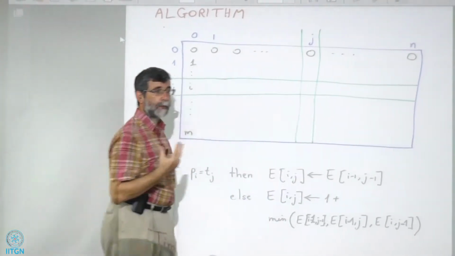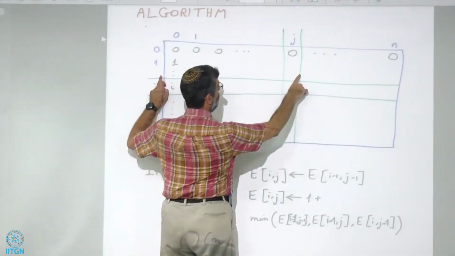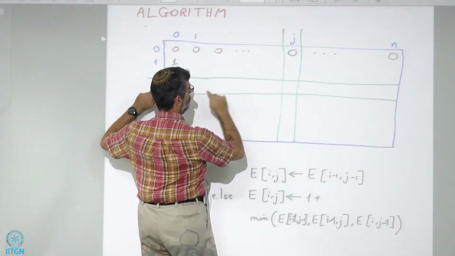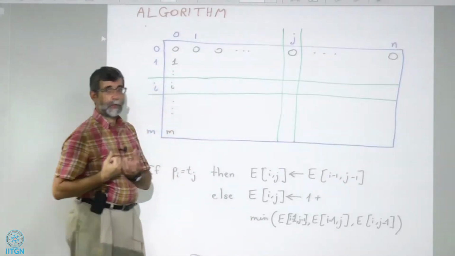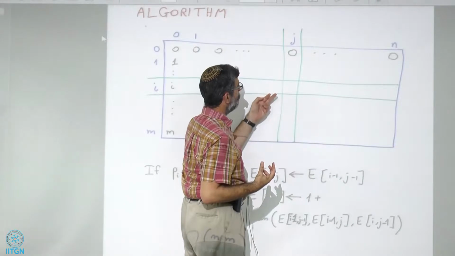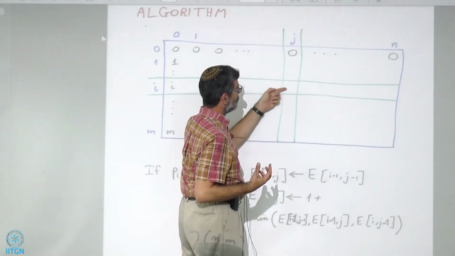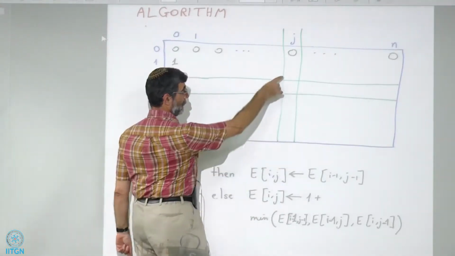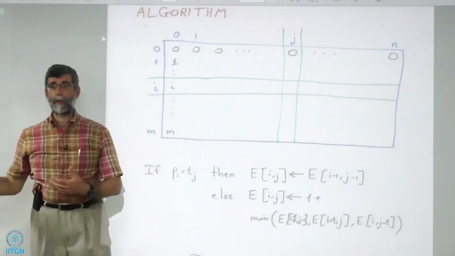Those were exactly the three situations that we said before: the situation of the pattern ending in location j but the position before, and the situation of this position of the pattern ending in j minus 1. You look at all of these, take the minimum of them, add 1, and put it here. And then you move on.